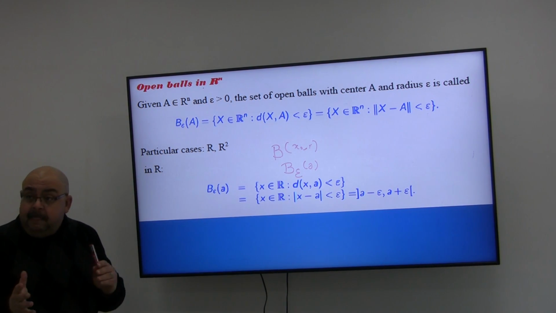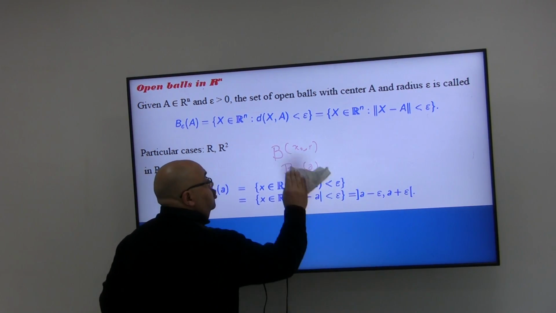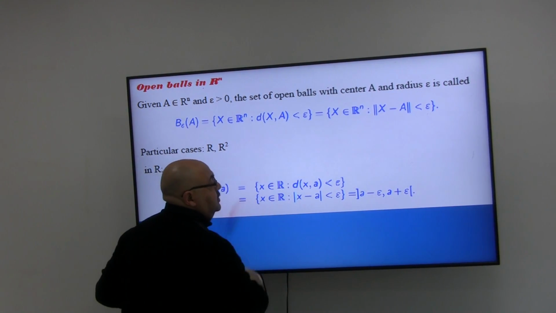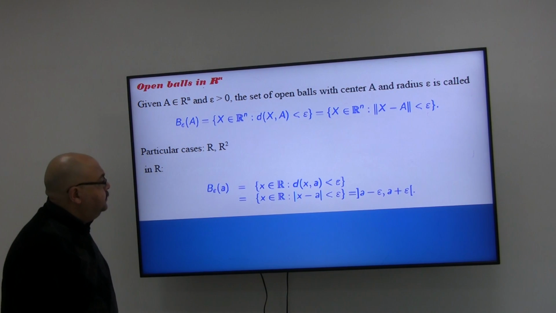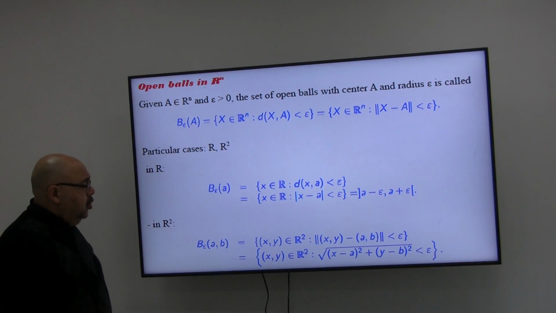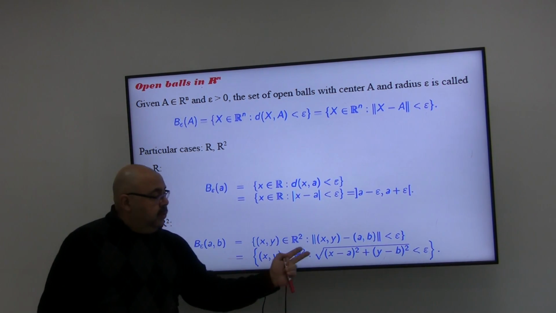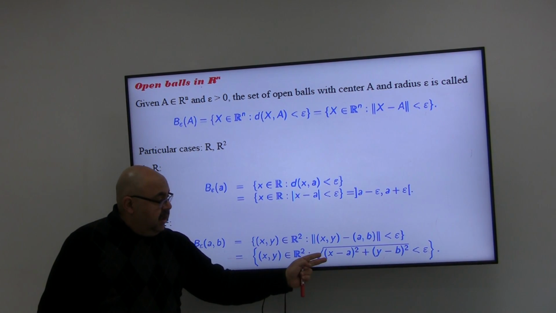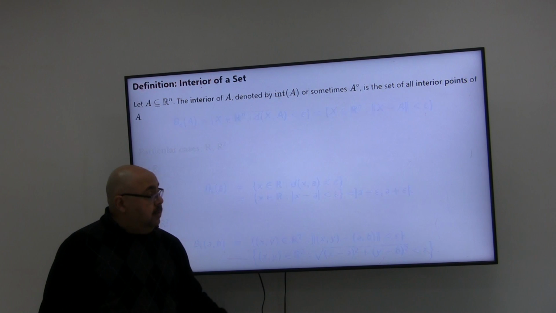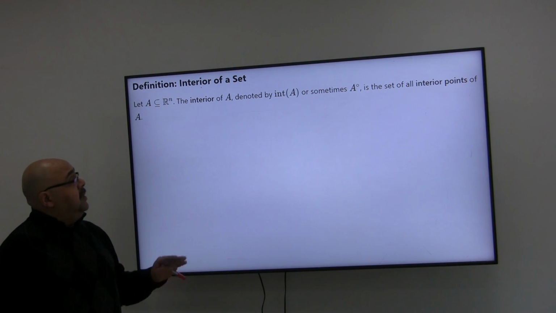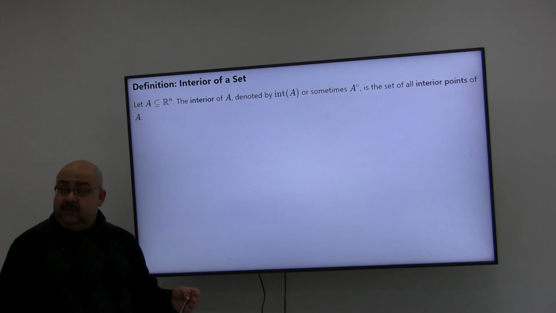That's how to represent your open ball, either in the main slides' symbolization or the given one. If I am in 2 dimensions, as I told you, we will be dealing with a circle, and that's the norm in this case. In 3 dimensions, we will be talking about a sphere.